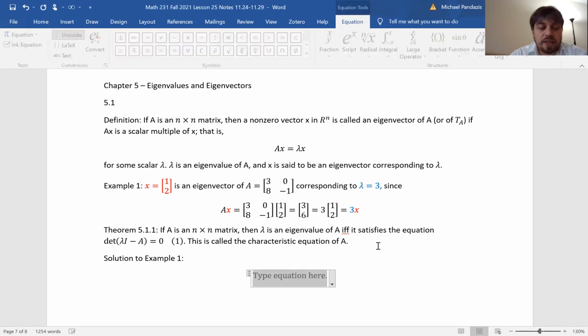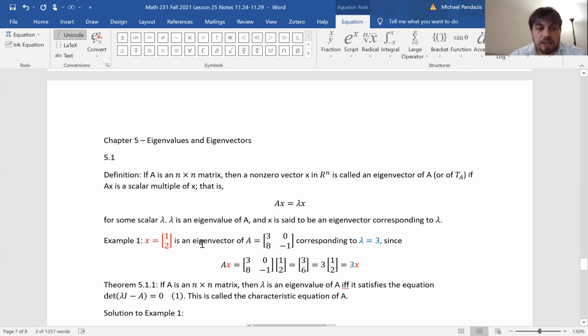Okay, so let's say you have the same matrix A as in example 1.